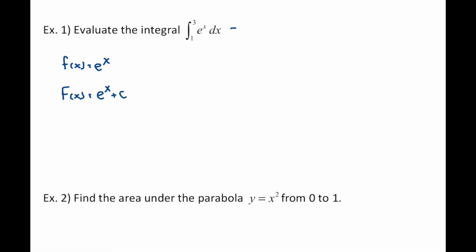Based upon the fundamental theorem of calculus part 2, this is going to be big F of 3 subtract big F of 1. Or in this case, it's going to be e to the 3 plus c, so that constant, subtract e to the 1 plus c. Look at that. Our constants actually cancel because we're going to have plus c subtract c. We're left with e to the 3 subtract e to the 1.